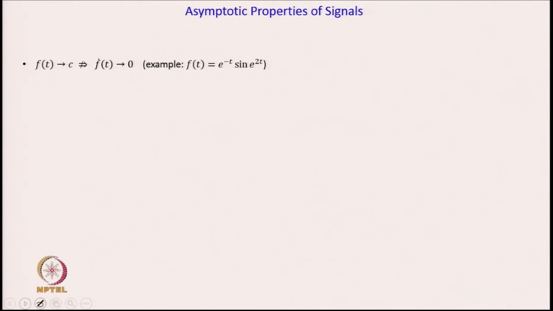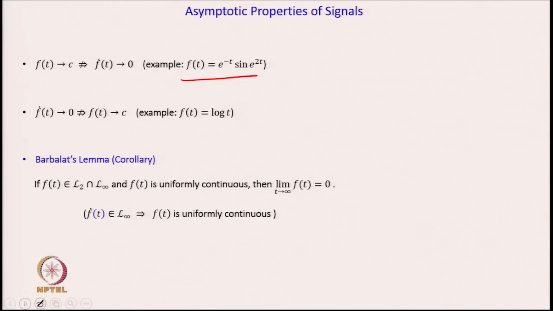As an example, you can consider this and try to prove that this is in fact a misconception. Secondly, we can also look at the reverse: if the derivative of a signal converges to 0, that does not imply that the function itself converges to some constant. For example, we can take this function to be log of t and verify that this is the case.